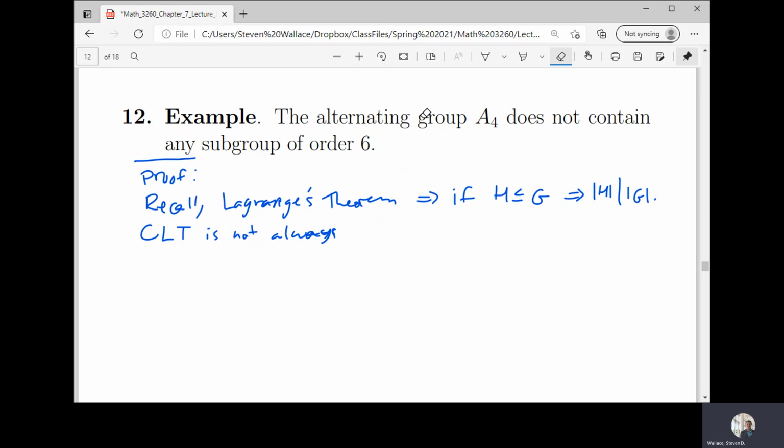So CLT is what we call a group that satisfies the converse of Lagrange's theorem. But why don't we say it this way? Not all groups are CLT.